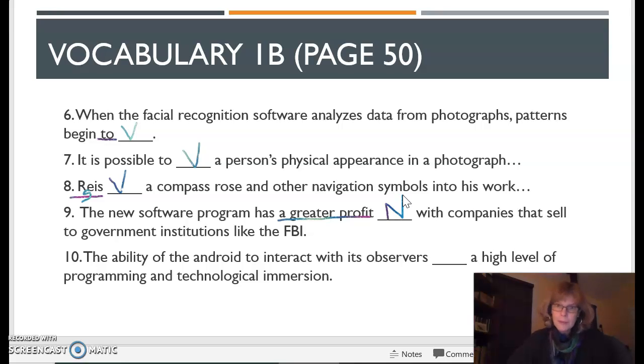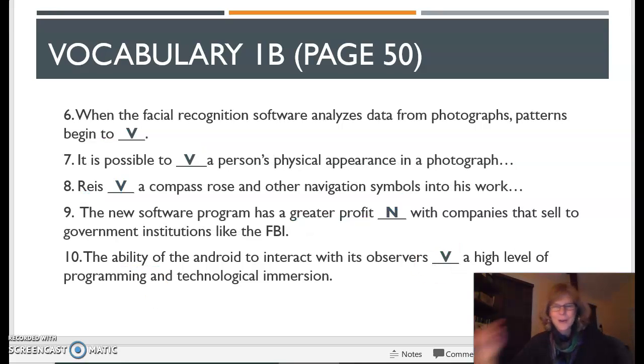Number 10, let's see, the ability of the android to interact with its observers, something, a high level of programming. This is the place for the verb, right? The ability is the subject. Here comes the verb.